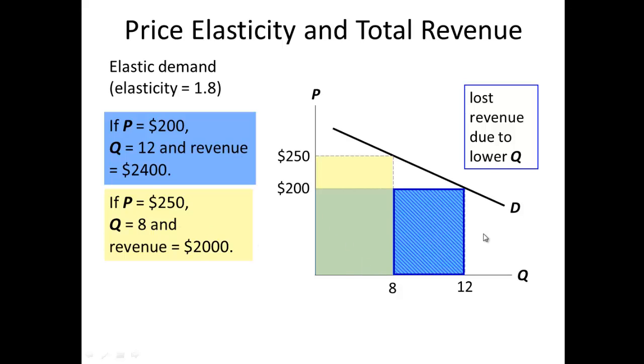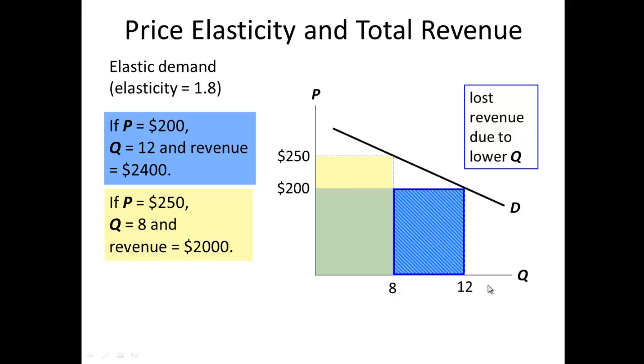So there's a lost revenue due to lower quantity, and this is what we call the quantity effect. It's called the quantity effect because as the price goes up from 200 to 250, total revenue goes down. There's a decrease in quantity, and that decrease in quantity is larger than the increase in price.